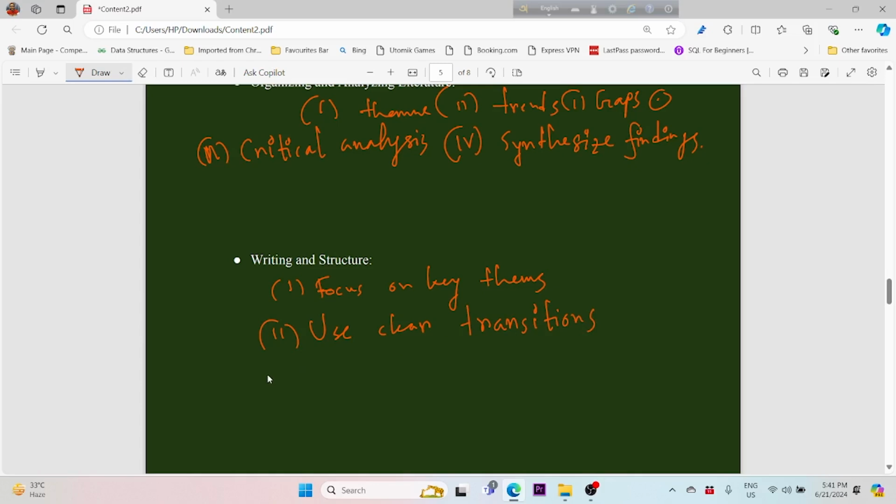And the summary of the main points. Okay, by following these tricks and techniques, you can write a comprehensive and informative literature review that forms a strong foundation for your research paper.